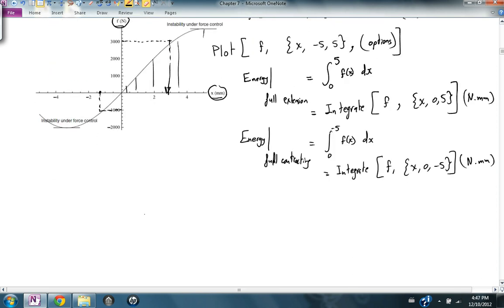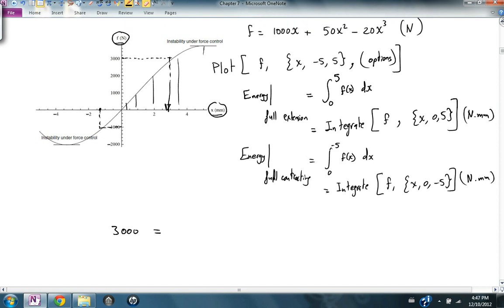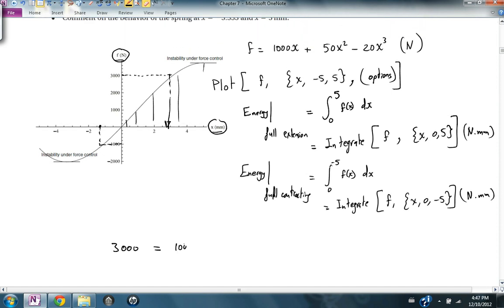So 3000, which is 3 kilonewton, is equal to 1000x plus 50x squared minus 20x cubed. Find x. X will be equal to 3.121 millimeter.